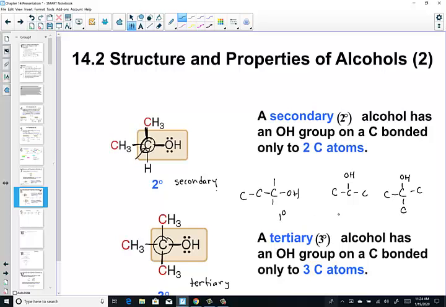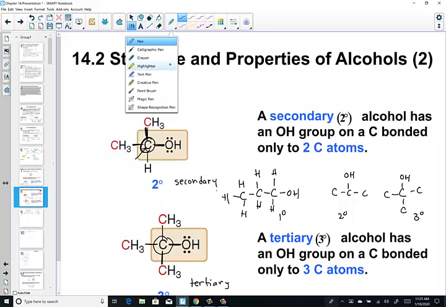We have a primary, secondary, or tertiary, and when we talk about oxidation and reduction, in order to dehydrate an alcohol, there has to be a neighboring hydrogen, right? There has to be a bond available to eliminate, to dehydrate, minus HOH. So I'm just emphasizing why we're learning this right now.